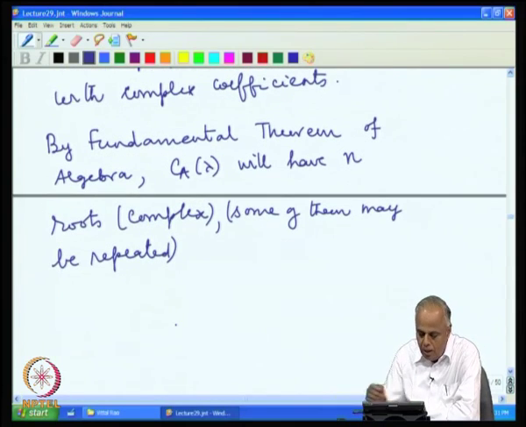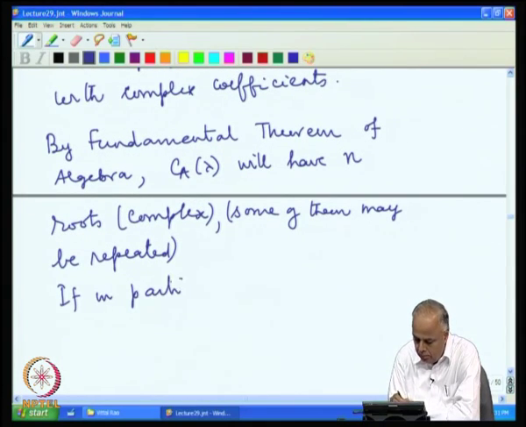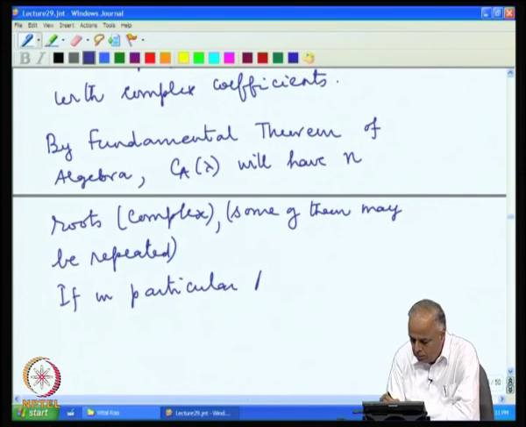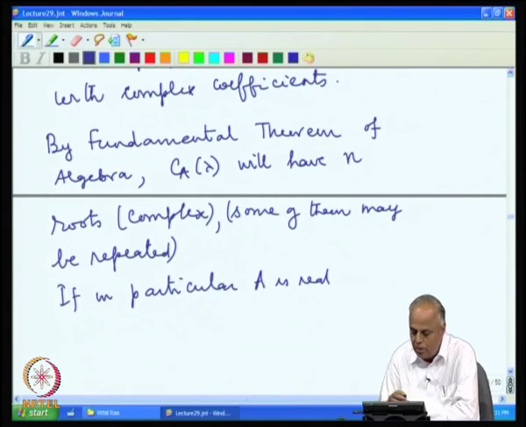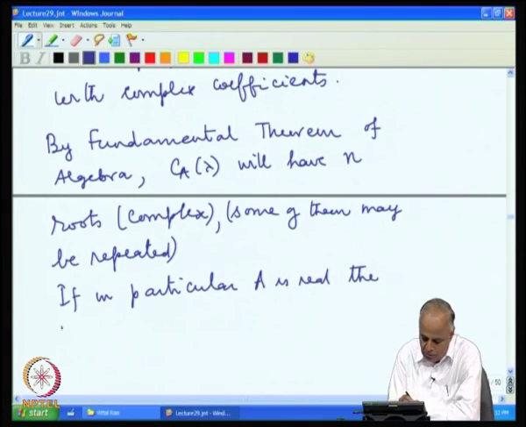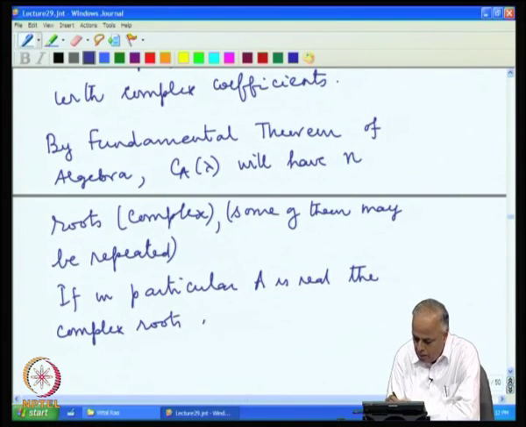If in particular A is a real matrix, then the polynomial will be a real polynomial, and therefore, the complex roots must appear in conjugate pairs.